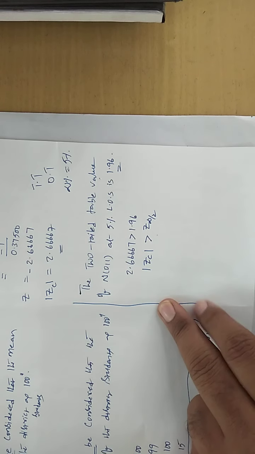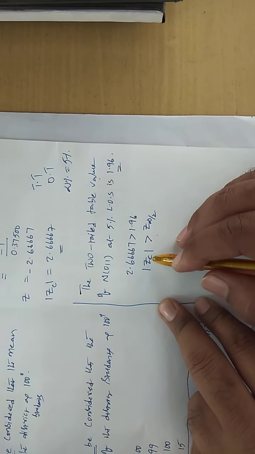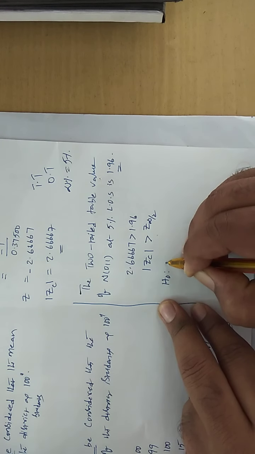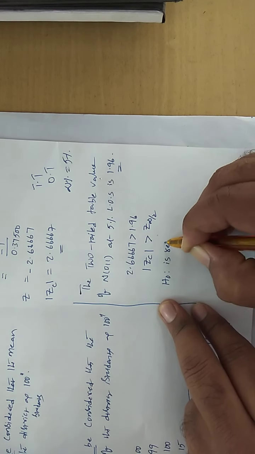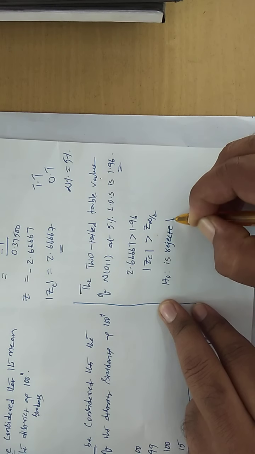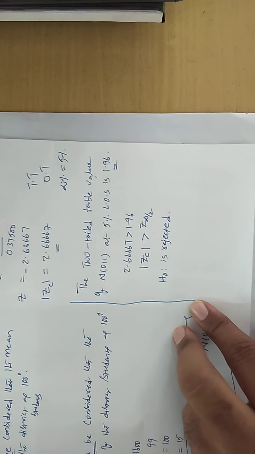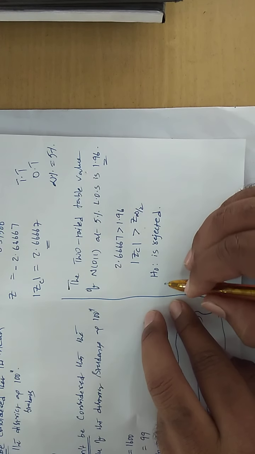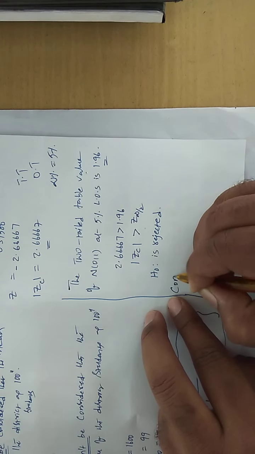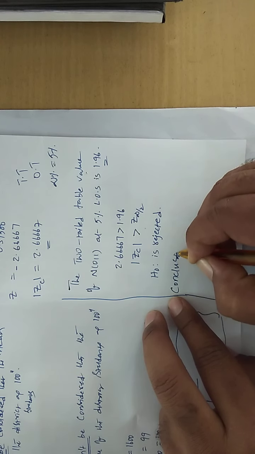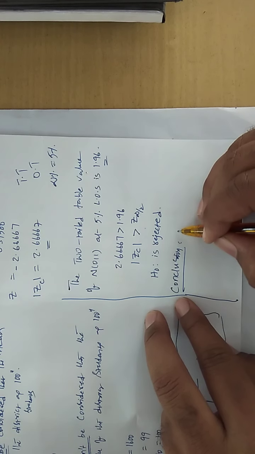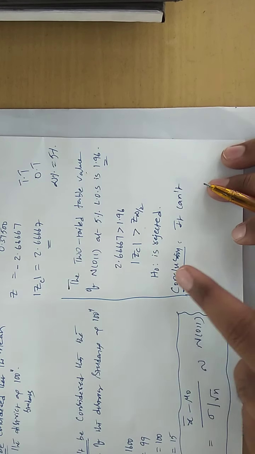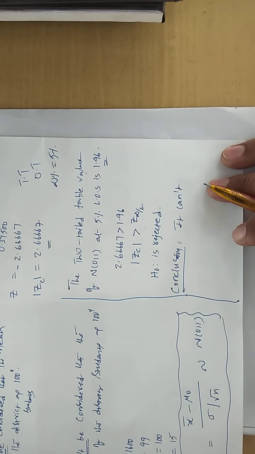Then what is the conclusion according to theory? The calculated value is more. Hence, what is the conclusion? H0 is rejected. When you are rejecting H0, it means you are considering H1 as the correct answer.